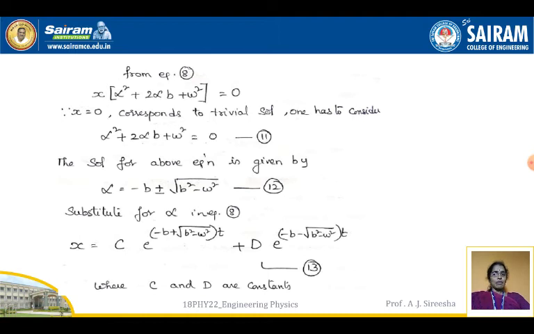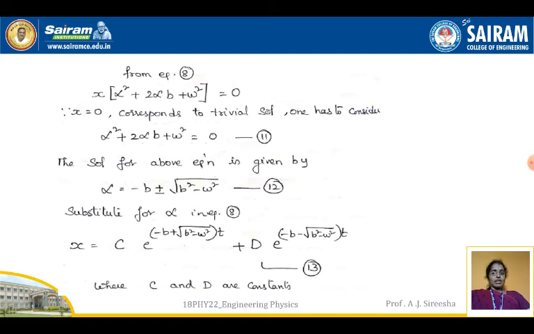The solution for the above equation is given by alpha equals minus b plus or minus root of b square minus omega square. It is nothing but the solution for the quadratic equation, because alpha square + 2 alpha b + omega square is a quadratic equation. Substituting for alpha in equation 8, we get the solution as x is equal to c e to the power of (minus b plus root of b square minus omega square) t plus d e to the power of (minus b minus root of b square minus omega square) t.